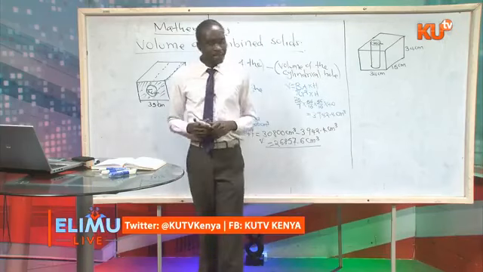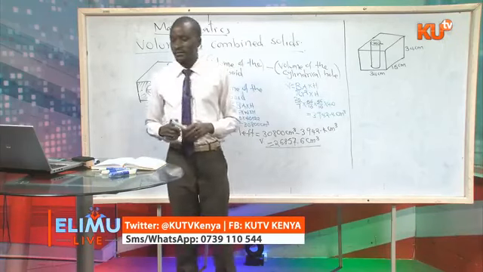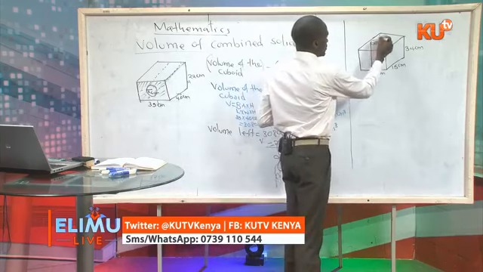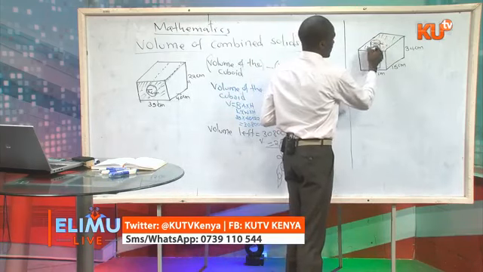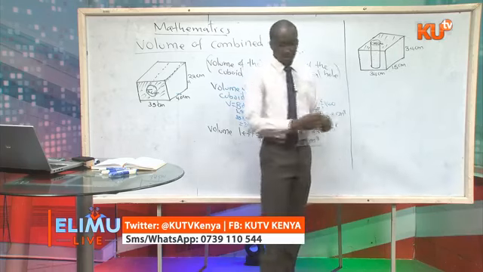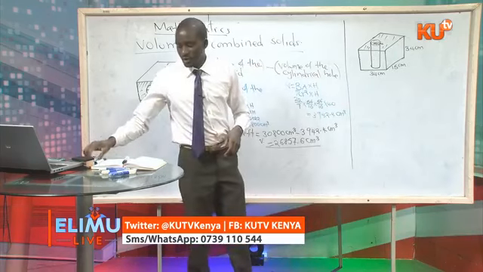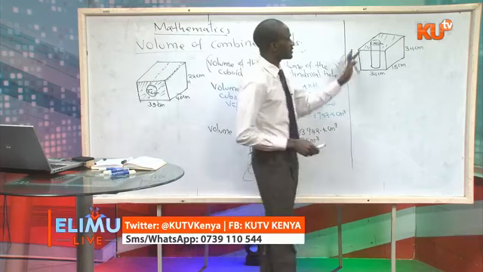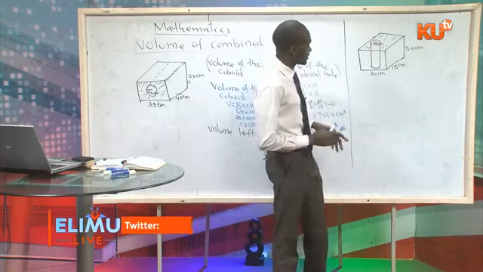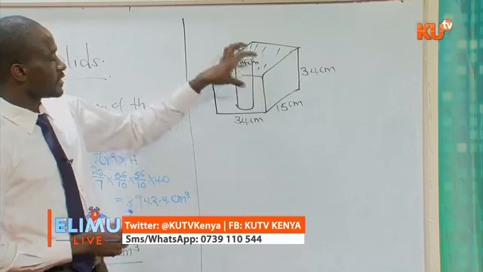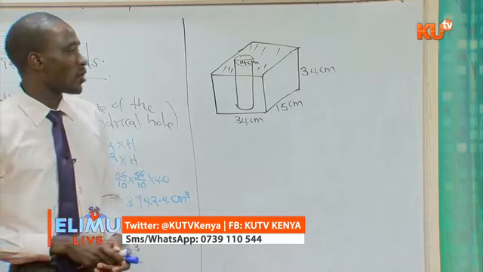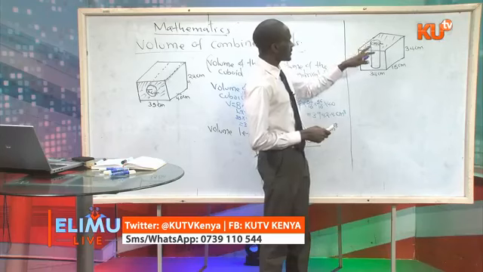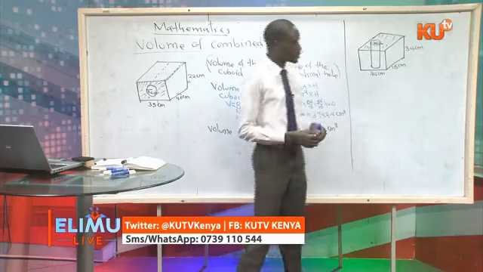Now you have been asked to find the volume of the figure. Now it's your responsibility as a learner to know that this was a whole solid cuboid, and they drilled the hole. And which hole is this? The hole is a cylinder.